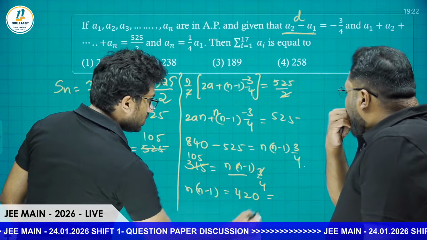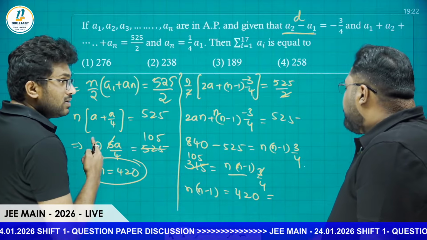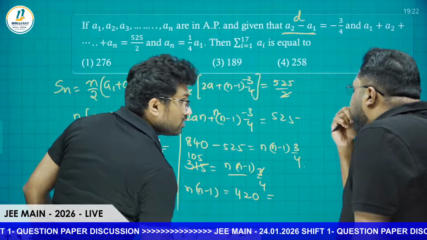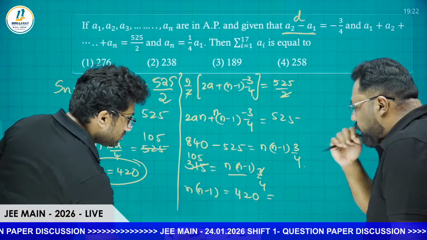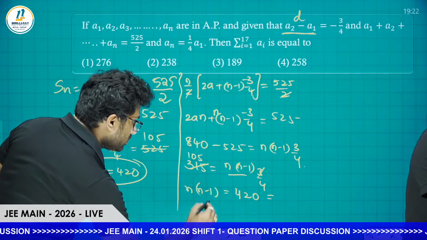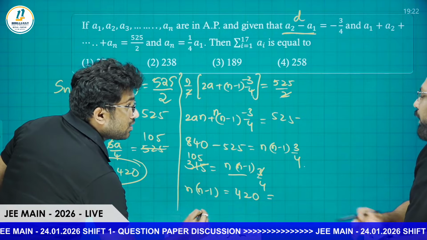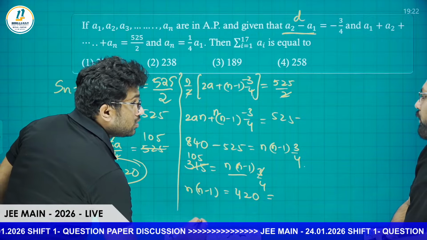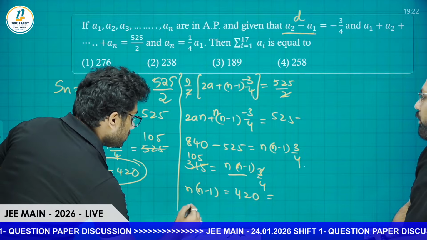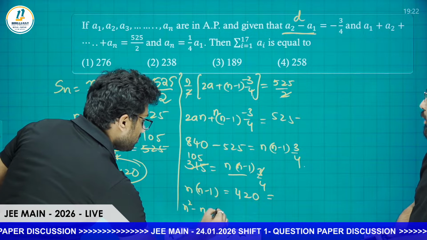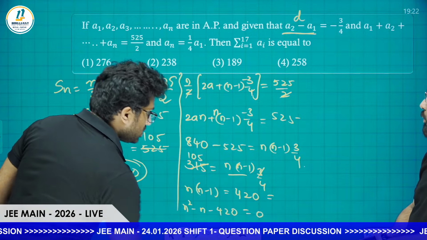420 we can write it as 7 6 42, or it's 420, right? So N squared minus N minus 420 is equal to 0.